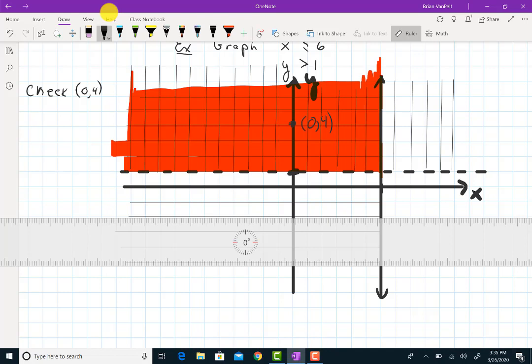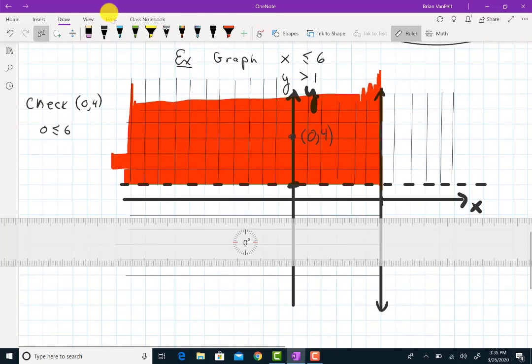Is 0 less than or equal to 6? Because the x part had to be less than or equal to 6. That checks. Now the y part is 4. Is 4 greater than 1? That checks. So I feel pretty good about the region in question.